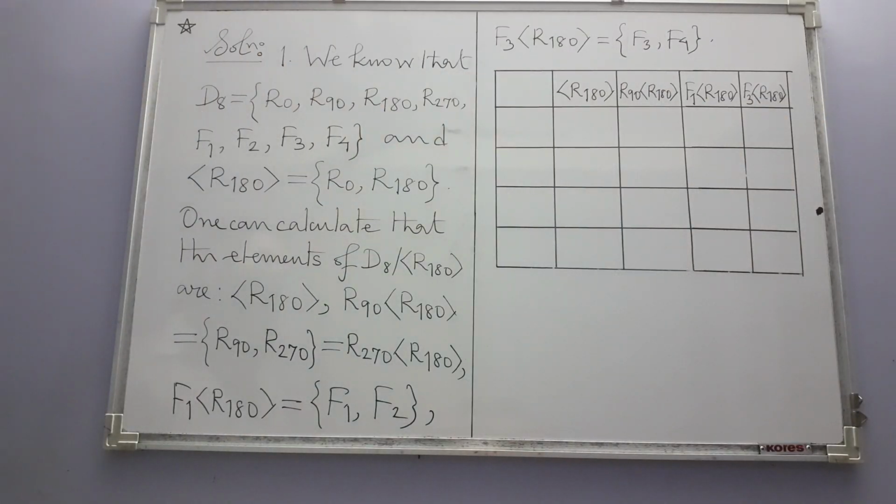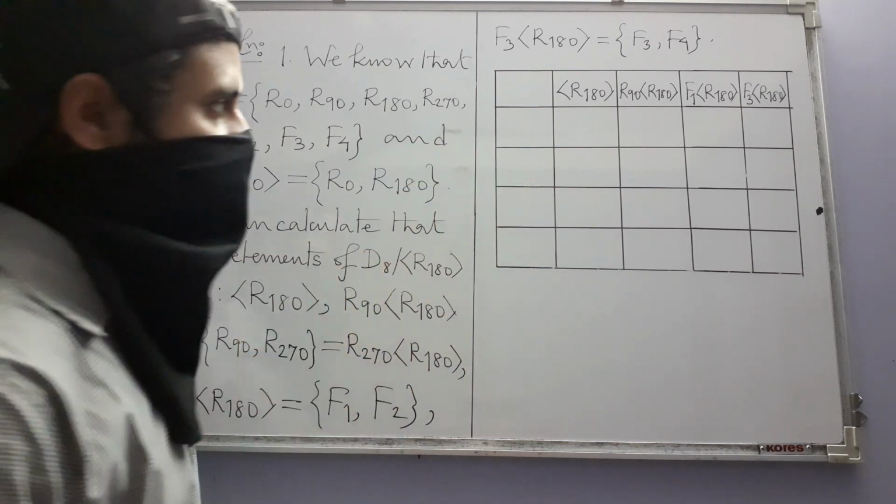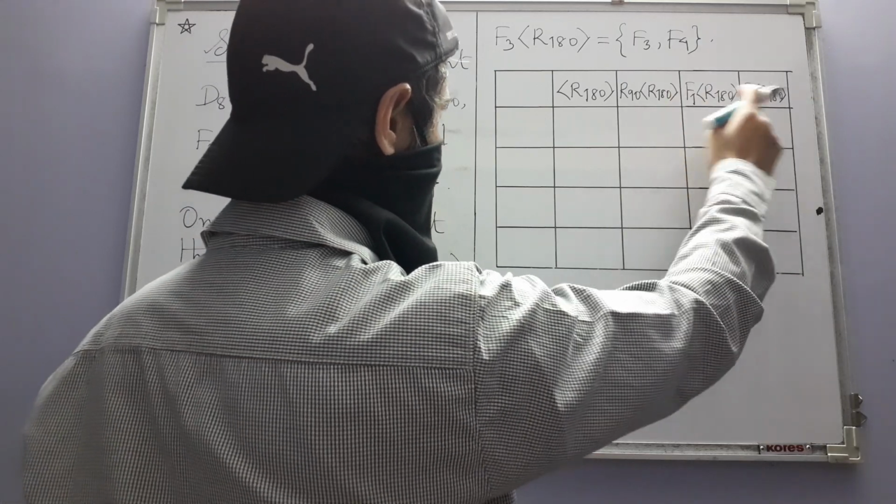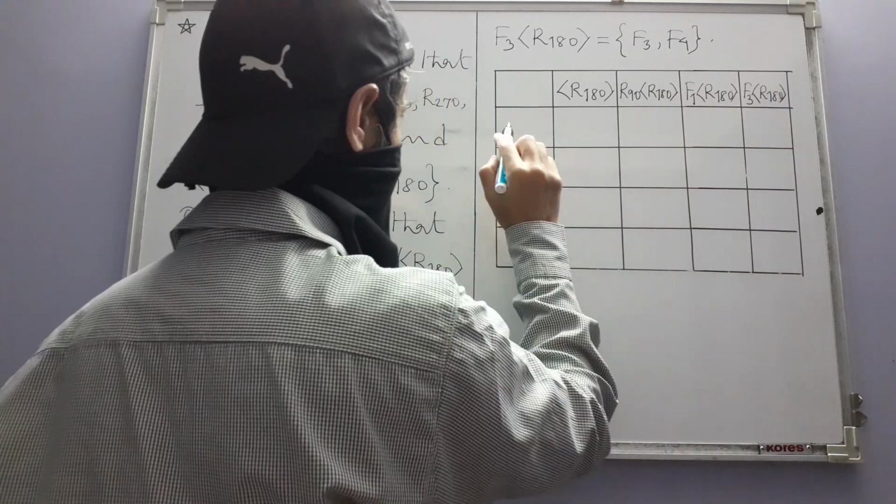So in that order I have written, and I hope that it's visible. R180, R90 R180, F1 R180 and F3 R180.